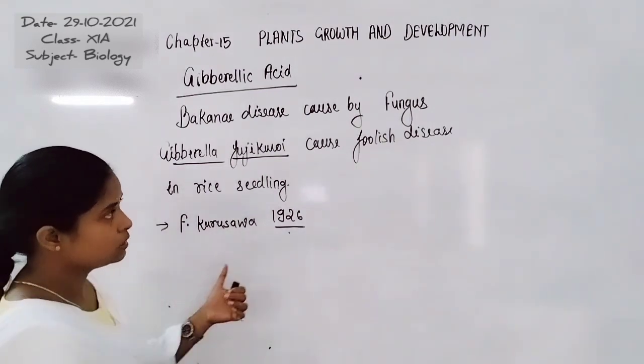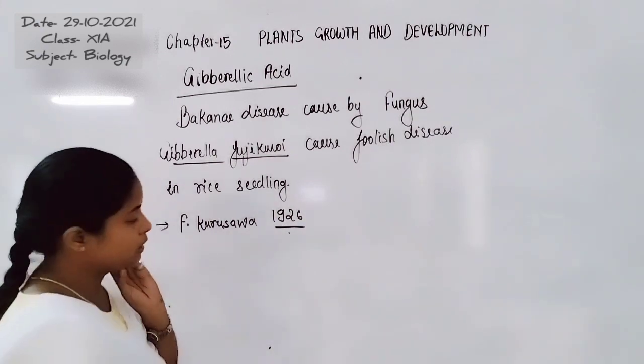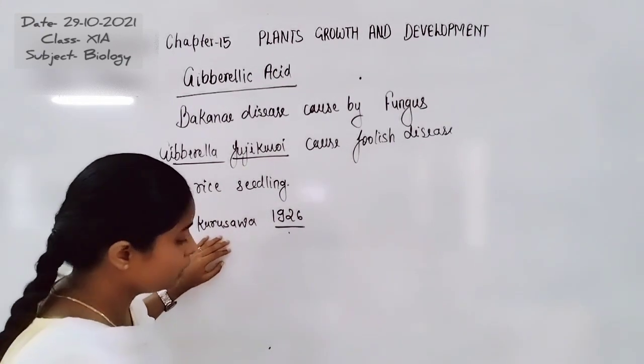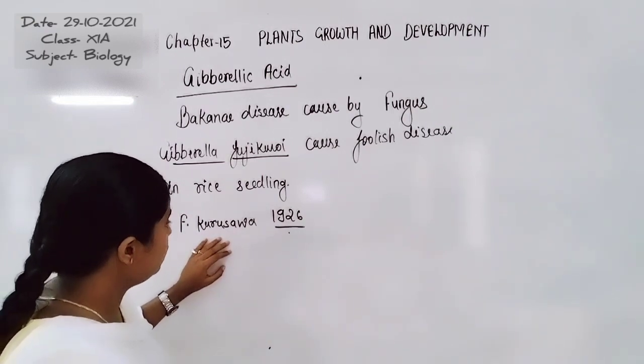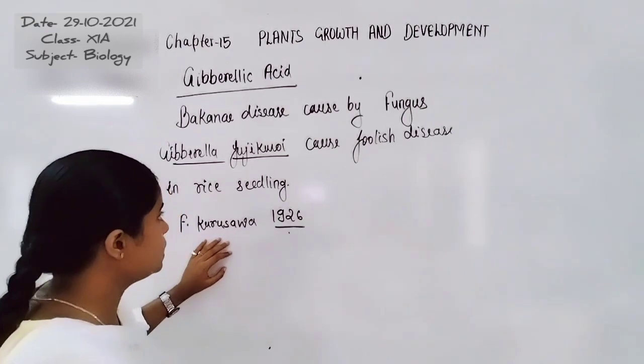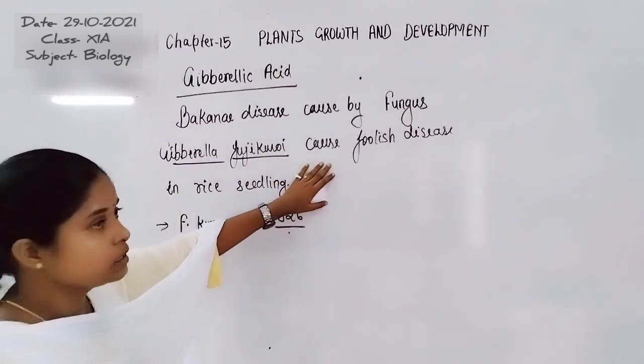In plants, the discovery was done experimentally by F. Kurosawa in 1926. He observed a disease, foolish or Bakanae disease, affecting rice seedlings.